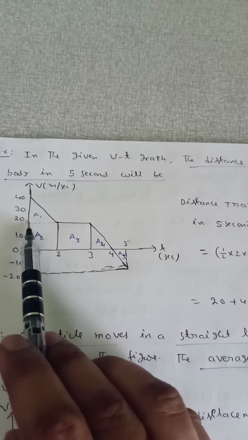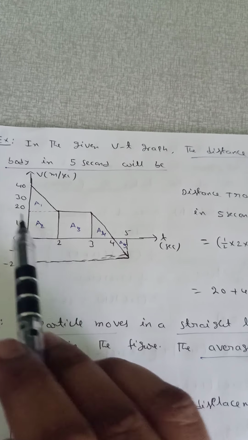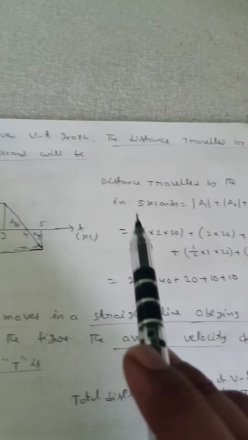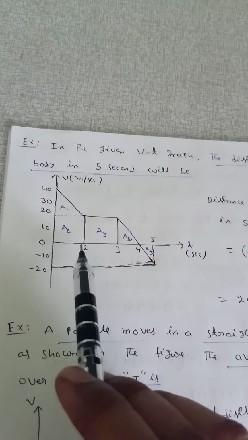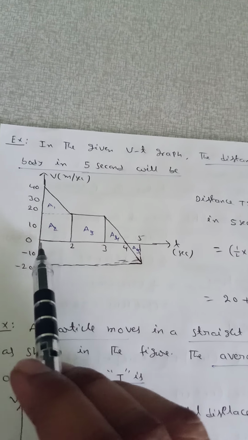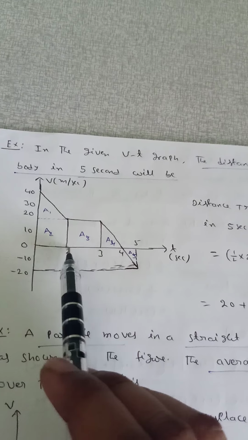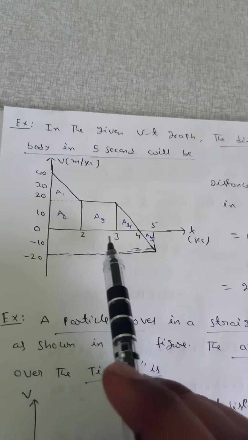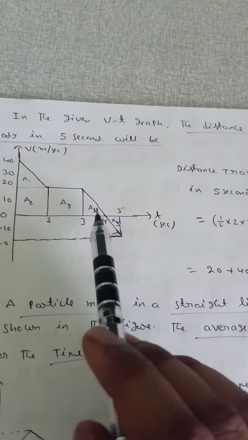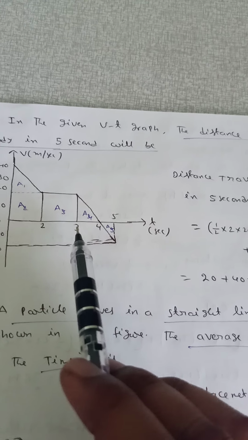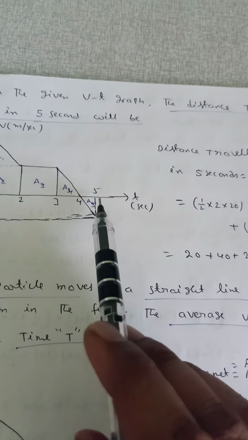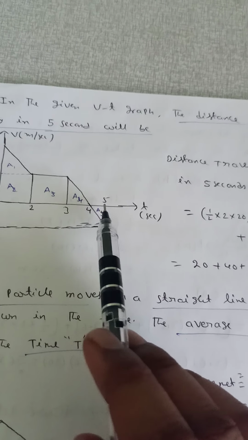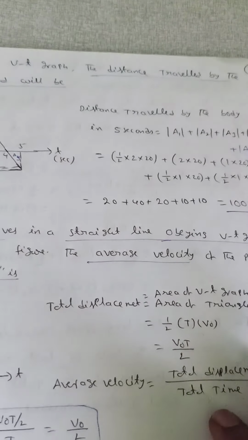A1 is half into 2 into 40 minus 20, 20, plus A2, 2 into 20, plus A3, 1 into 20, plus A4, triangle, half base into 1 into 20, and A5, half base 1 and height 20.